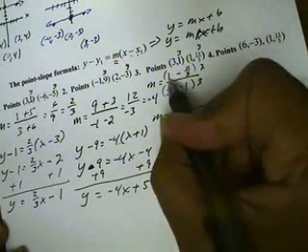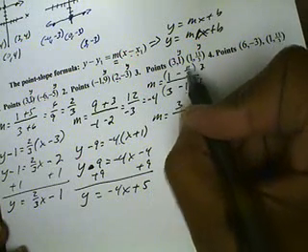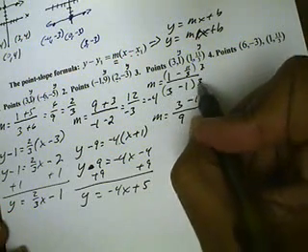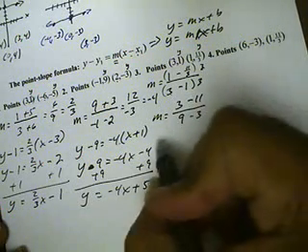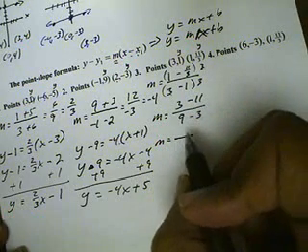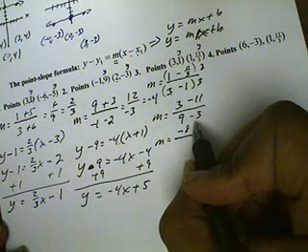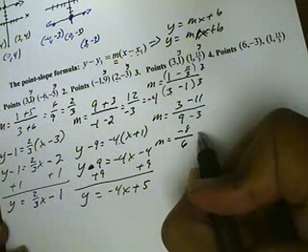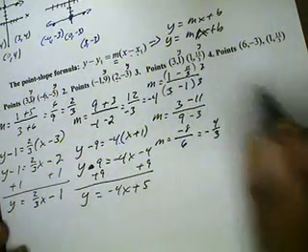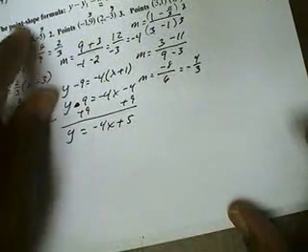This will give me 3 times 1 is 3. 3 divided by 3, which is 1, times negative 11 is negative 11. 3 times 3 is 9. 3 times negative 1 is negative 3. And we'll end up with a negative 8 over 6, which gives us negative 4/3.